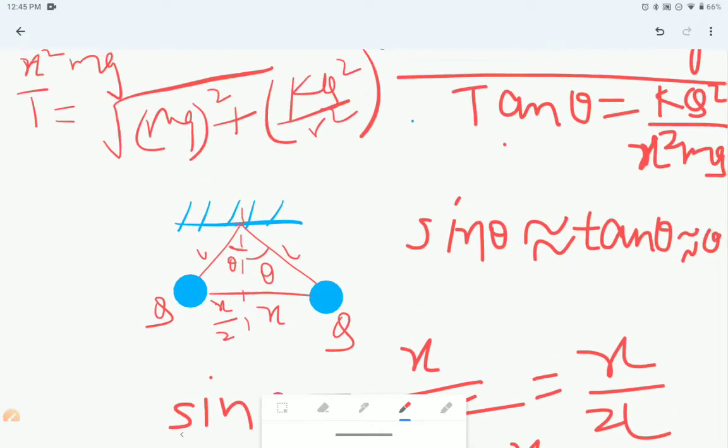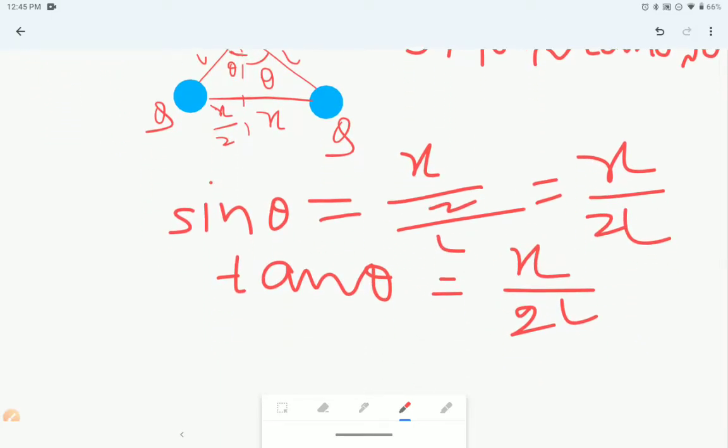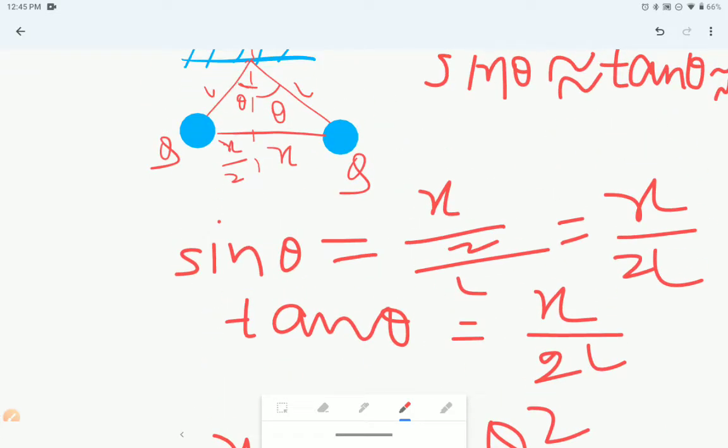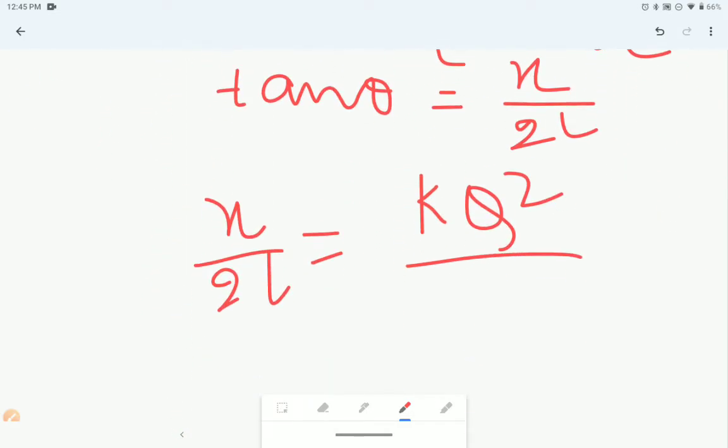But if you see here, tan theta is also kq square upon x square mg. So by replacing this, we get x by 2L is equal to kq square upon x square mg.